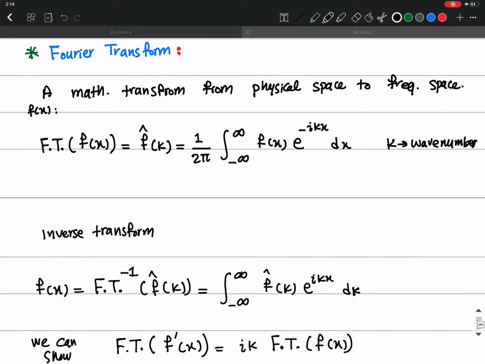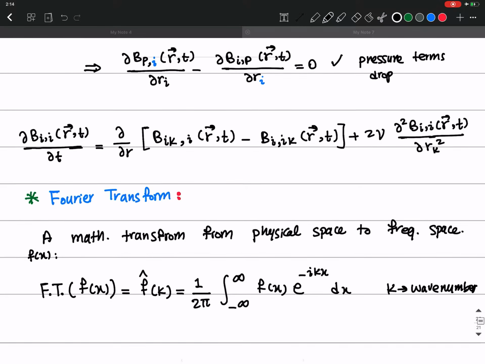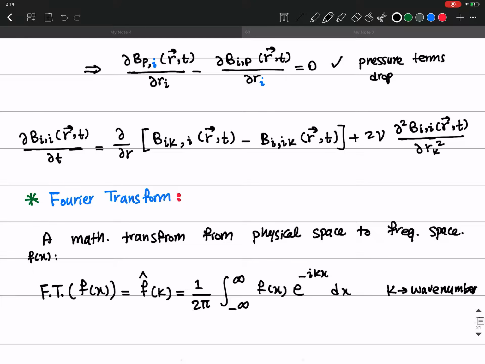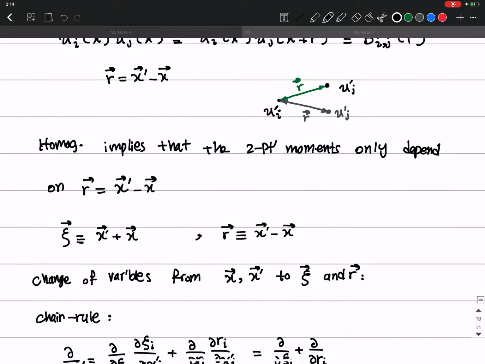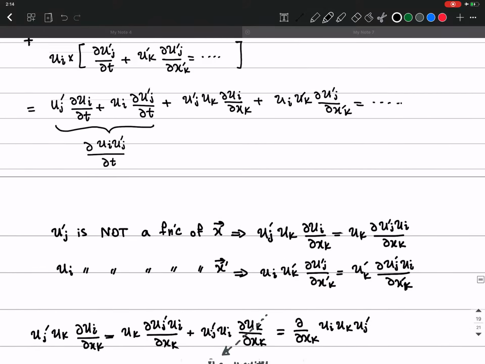That will be a very simple equation that we are going to learn and gain some insights into the turbulent processes in flows.